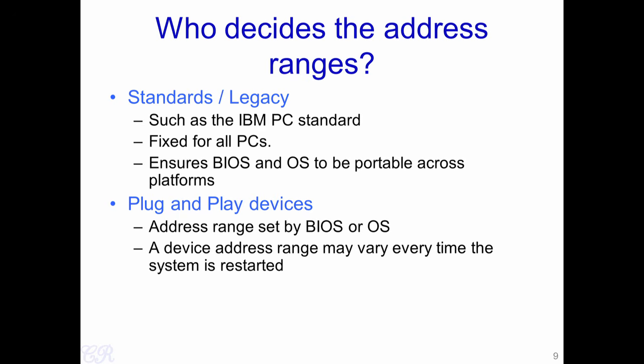It would then ask the network card as to how much memory it requires and what type of memory it requires, whether it is an IO memory or a memory address. So, based on this, the BIOS would then allocate a portion of memory for that particular network card. So, the allocation would be fixed for each boot of the PC, but on the other hand, the location in the address map would vary across each boot.